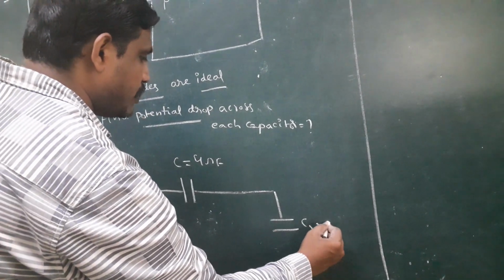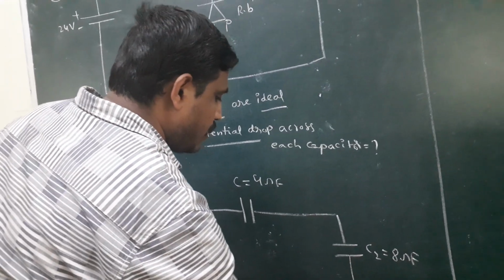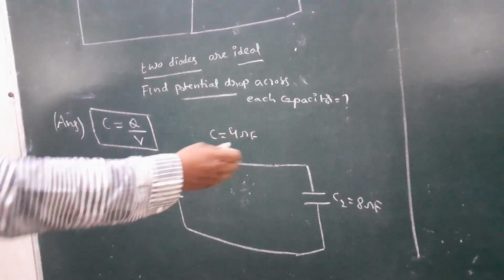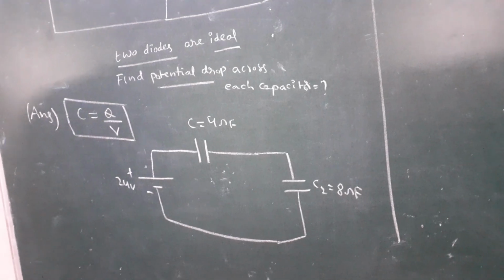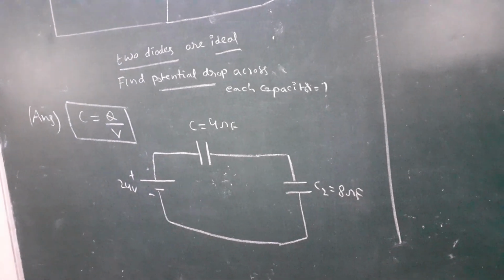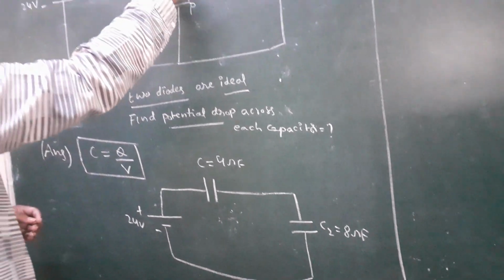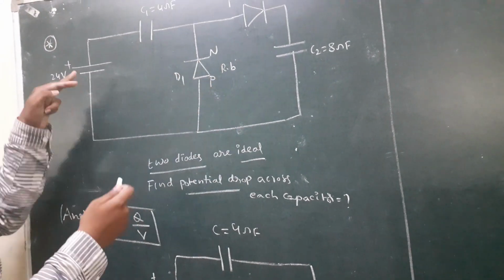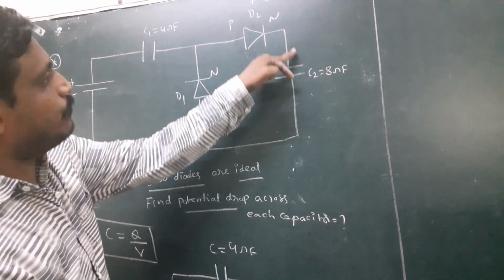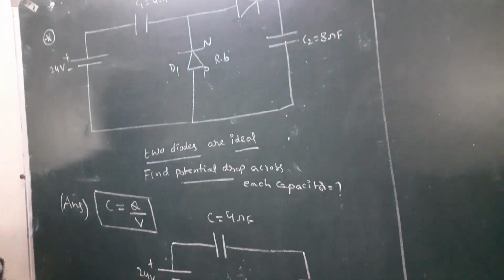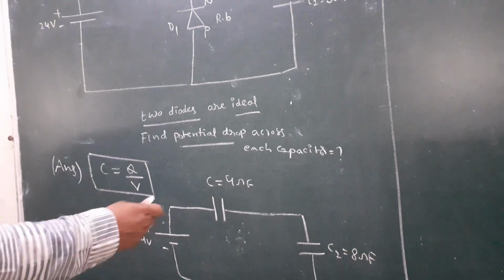C2 value is 8 microfarad. In the diagram, this diode acts as a reverse bias. This can be removed. Current flows from plus to minus in this region. This diode conducts the current. Okay, this is the circuit diagram.